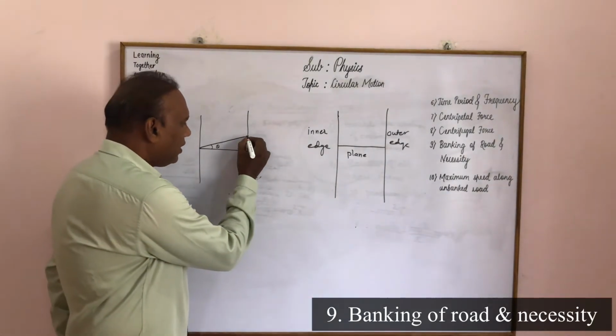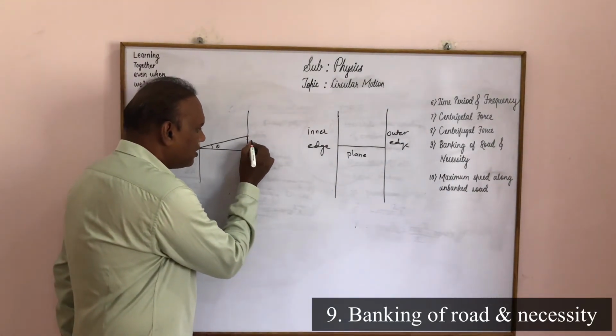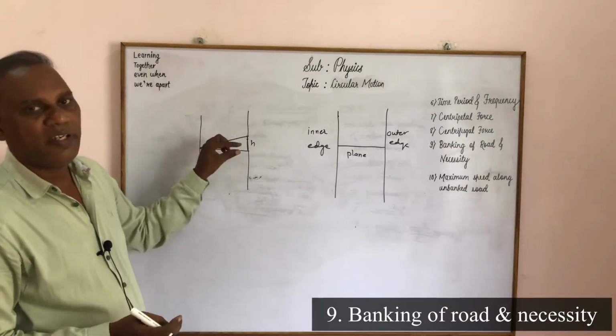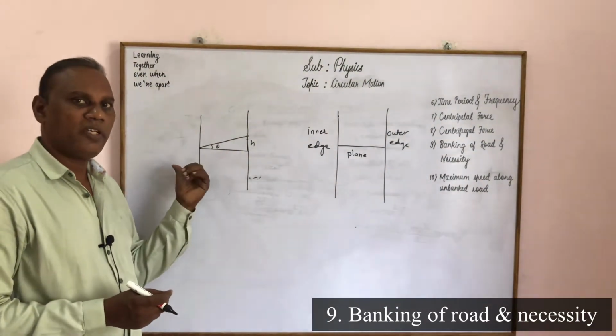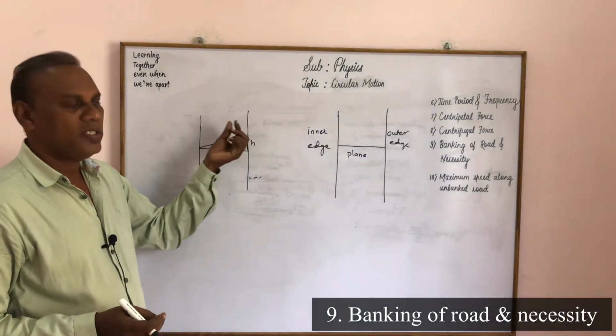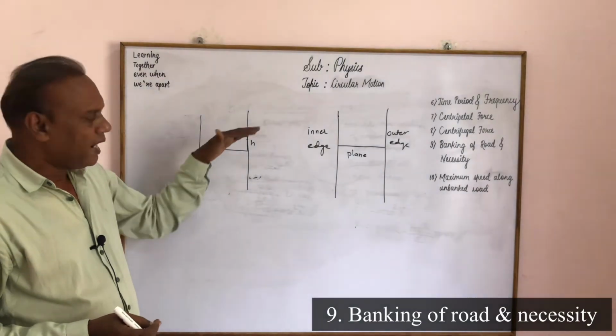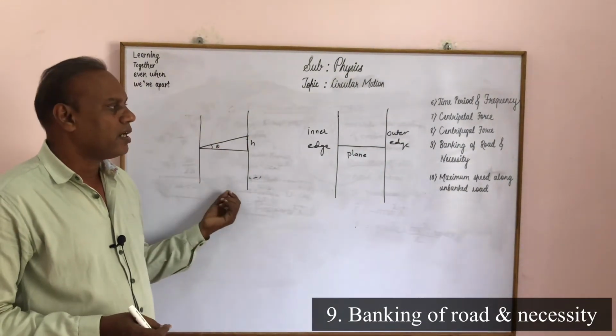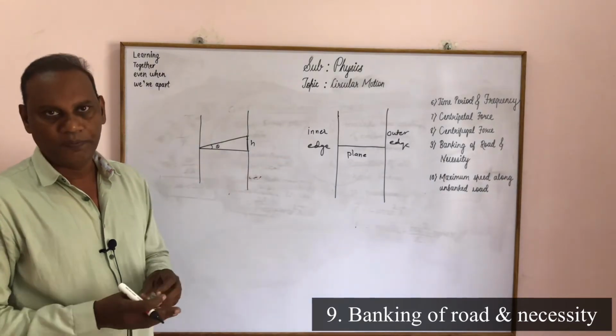Here the outer edge is raised to a certain height. The process of raising the outer edge over the inner edge at a suitable angle with the horizontal is called banking of a road.